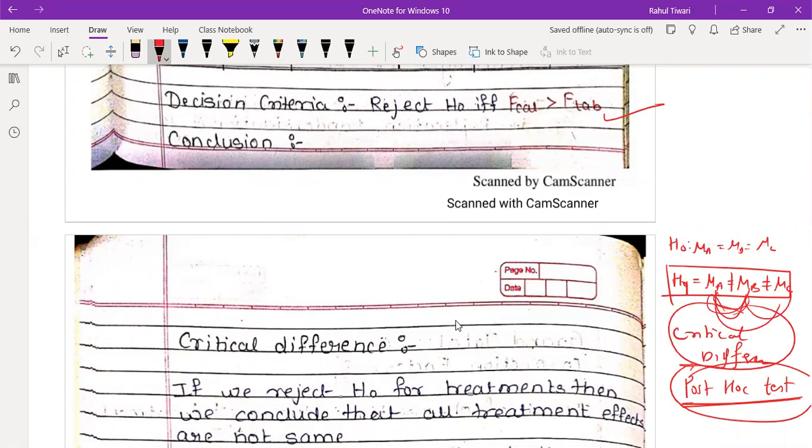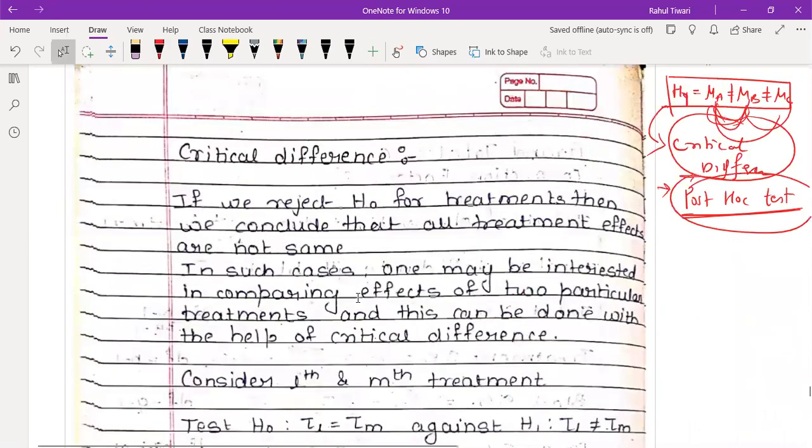When you reject the null hypothesis, that means you have accepted H1, and manually we go for the critical difference method, but this method is given a name, which is called a post hoc test. Under post hoc test we have different methods like Tukey's method, Scheffe's method. All these methods are available to check which treatments are equal or not. That is not in your syllabus, but when you perform this in any statistical software, you will get to know more about that.